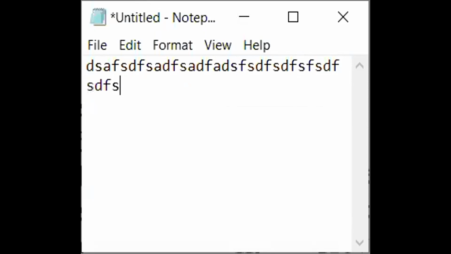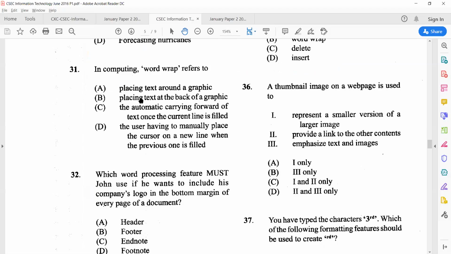So taking that into consideration, placing text on a graphic, no, that's not what word wrap is. Placing text at the back of the graphic, also not applicable. You have the automatic carrying forward of text once the current line is filled, and that looks correct. Looks like C, but we should always read all questions and all answers.